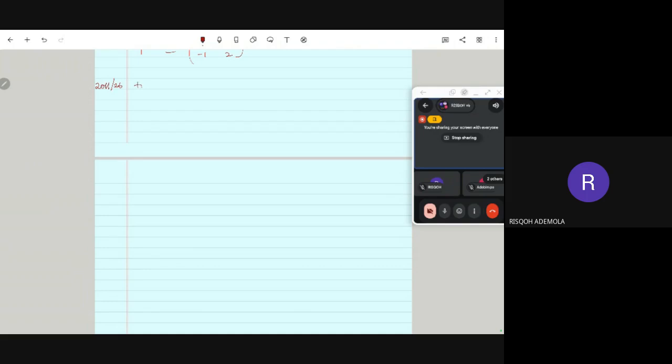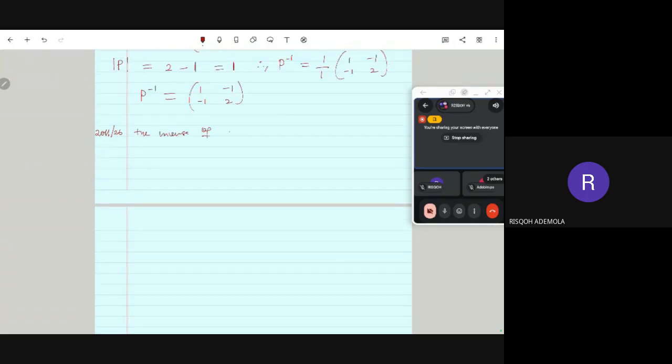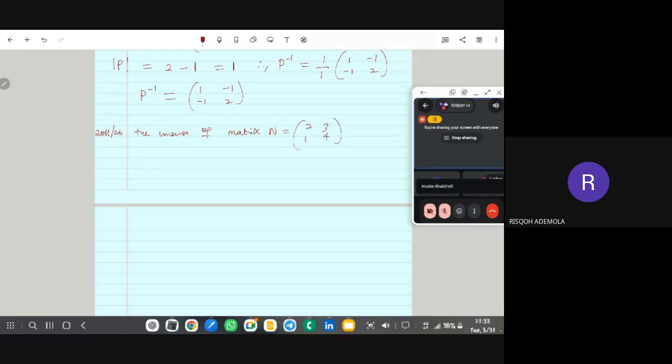It says, the inverse of matrix N is 2, 1, 3, 4. The inverse of matrix N is this.